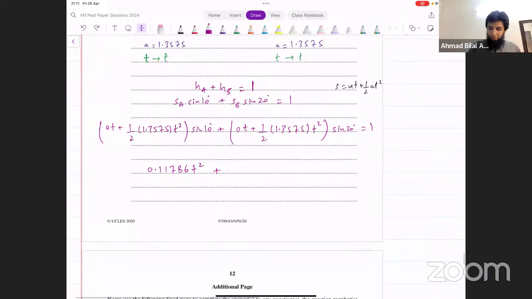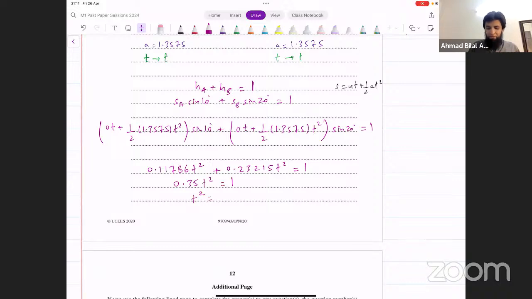That is giving me 0.23215 t squared equals 1. Let's add them up together, plus 0.11786. This is 0.35000, so that's 0.35 t squared equals 1.